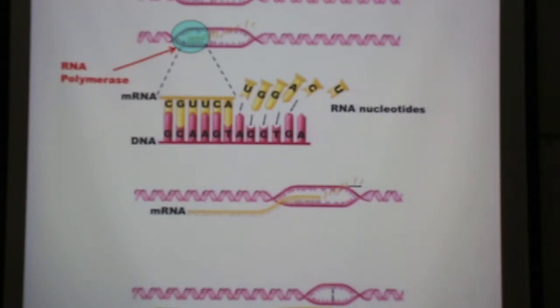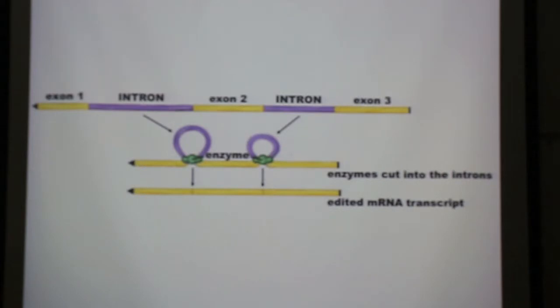You're going to end up copying that section, and it turns out there's a little bit of editing that often goes on. When you copy your mRNA, you'll have pieces of it, and some of the pieces are called exons, some are called introns. You'll notice here you have an intron and an intron and these 3 exons.